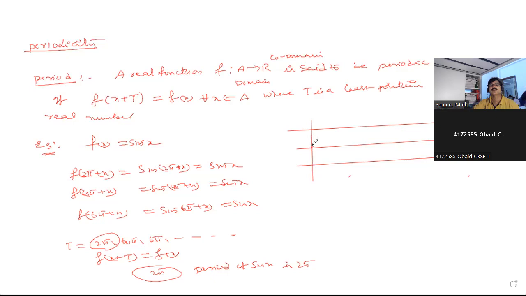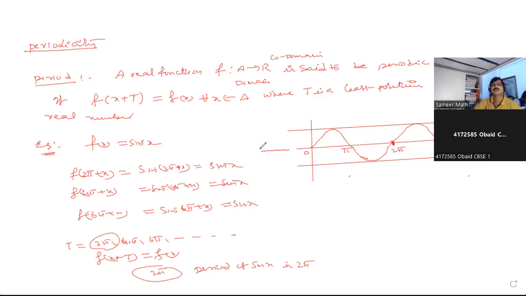You see this from the origin, it will go like this. It will come down here. Again it will go down. Again it will go down. It is happening. That means the shape of this is repeated. This is 0. This is pi. This is 2 pi. This shape is repeated now.